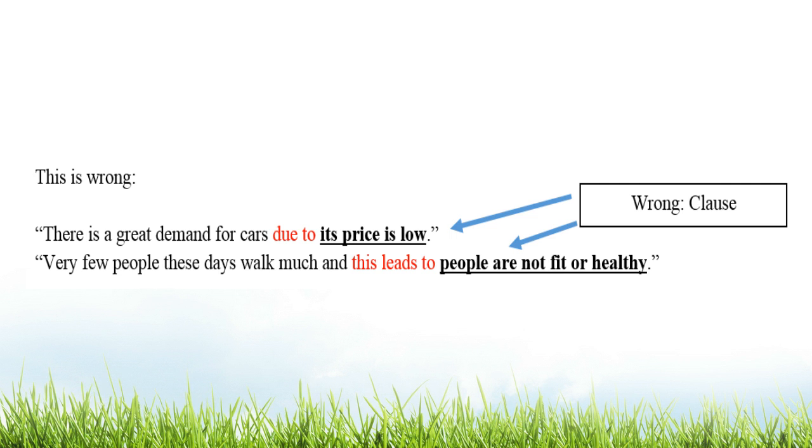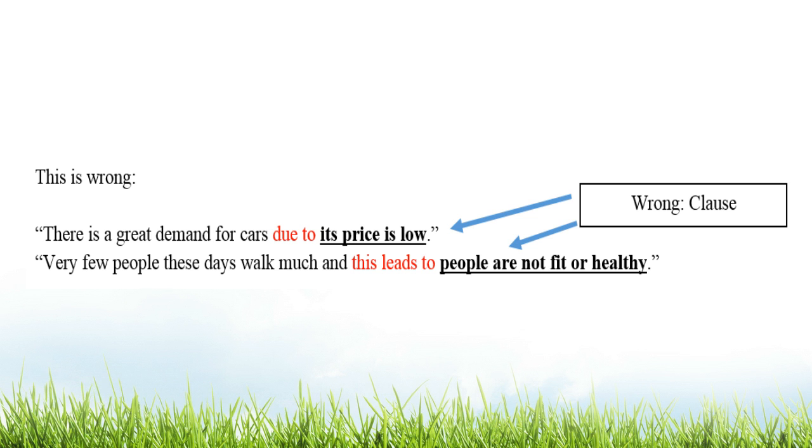Therefore, you can't write, "There's a great demand for cars due to its price is low." Or you can't write, "Very few people these days walk much, and this leads to people are not fit or healthy."